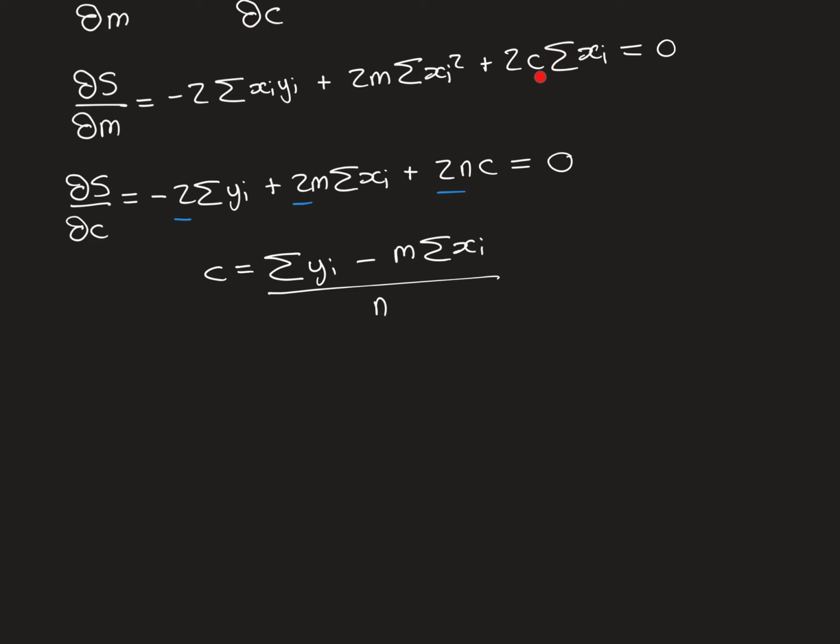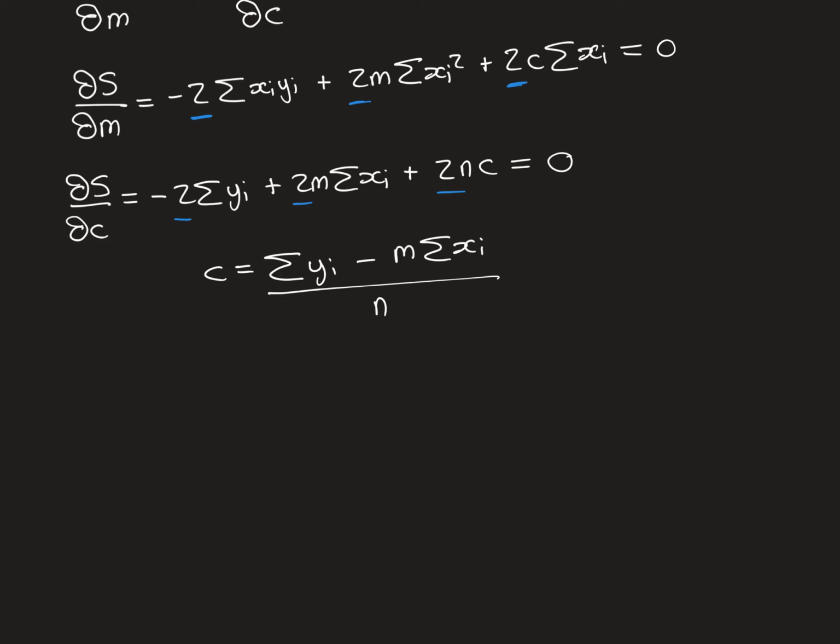Now what I want to do is substitute that in here. Again, I'm going to get rid of those 2's. So that 2, and that 2 have had their day. They're off. So we're multiplying everything through by half first. And now we're going to substitute in the c.